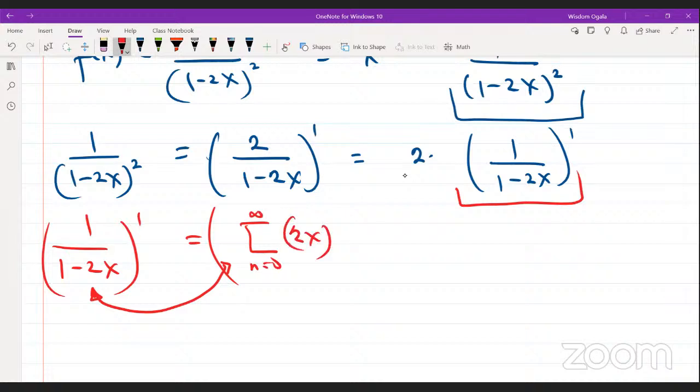2x to the power n factorial. If you're not comfortable with my use of factorial, let me just use d/dx since that's what we've been using, okay? They are the same though. Let me just use d/dx so that I don't get anybody confused.